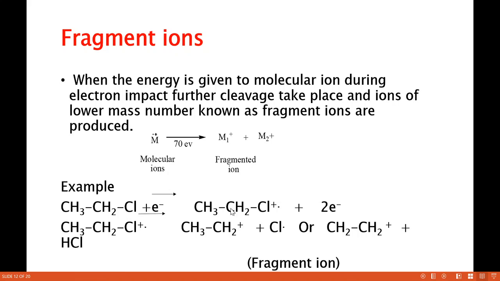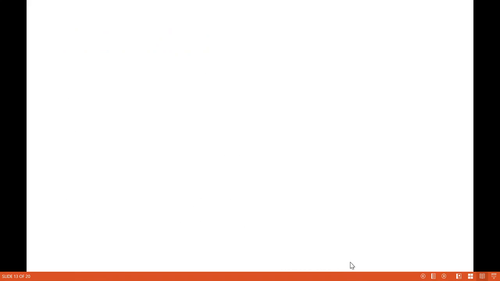Electrons are bombarded and it produces this molecular ion. Then this molecular ion is further fragmented into CH3CH2+ plus Cl radical, or CH2CH2+ plus HCl. These are called fragment ions.